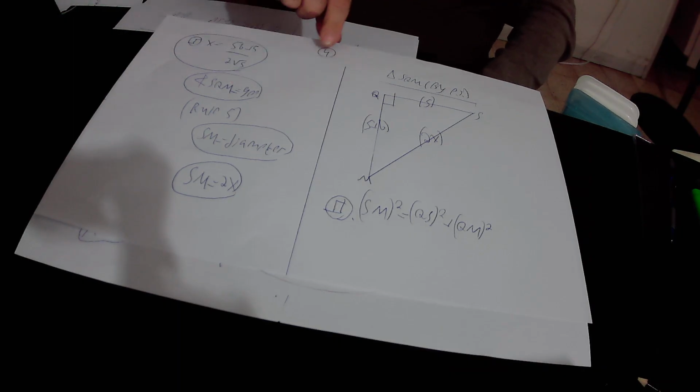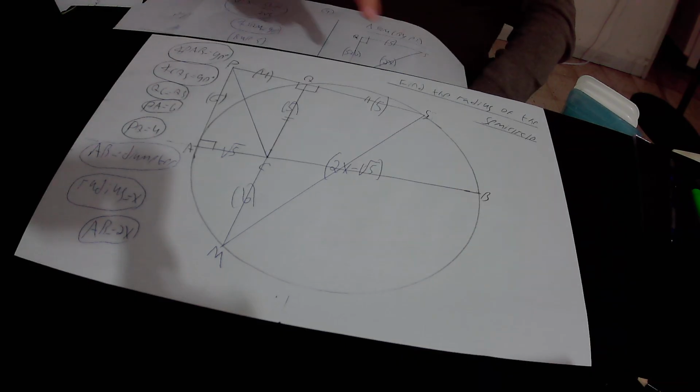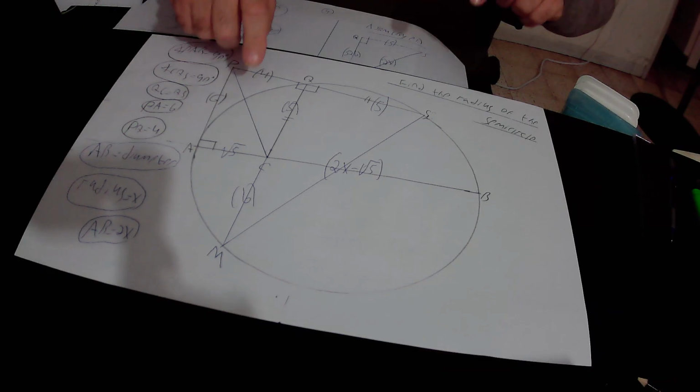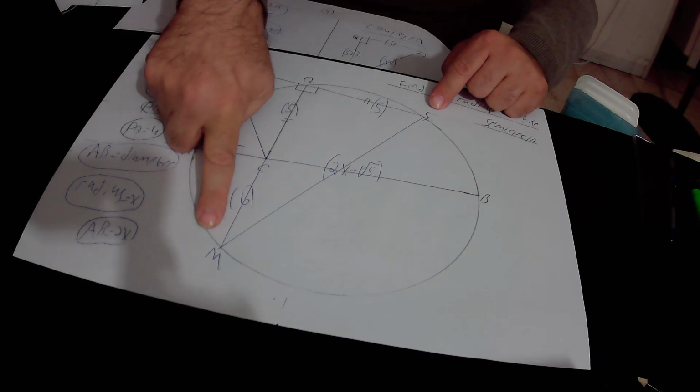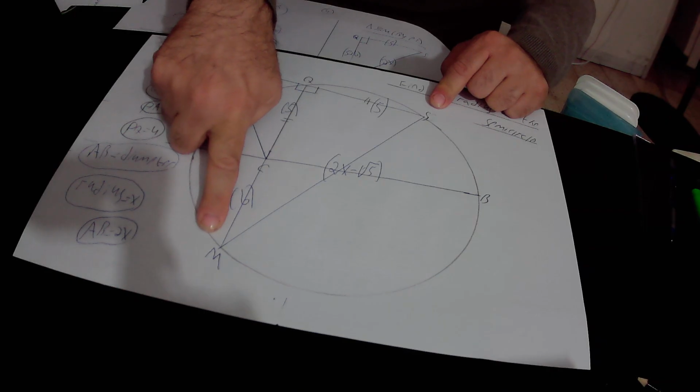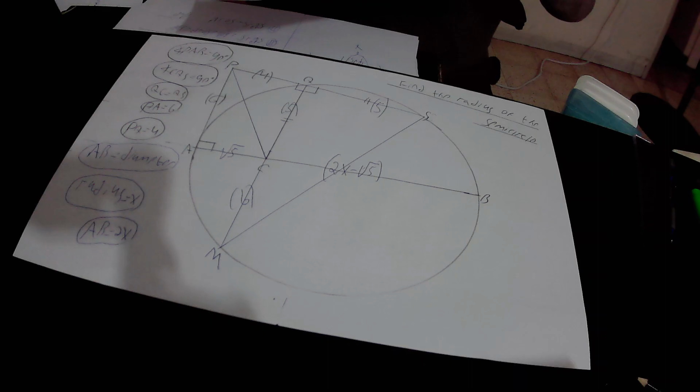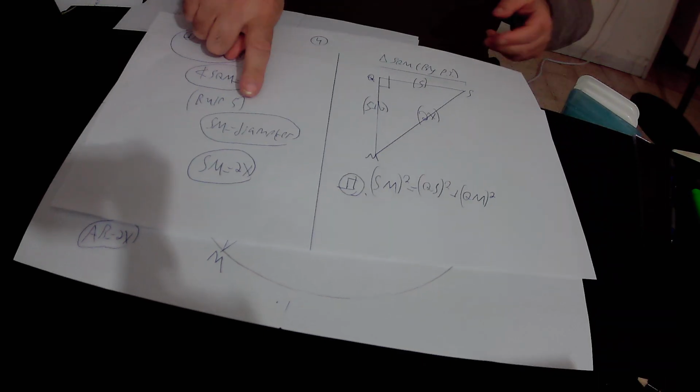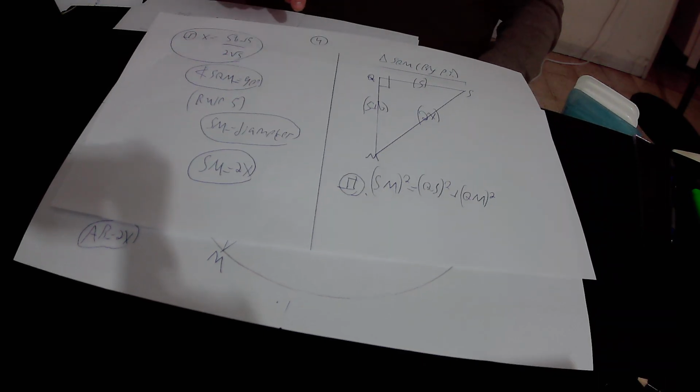Therefore, according to rule number 5, this peripheral angle SQM must rest on the diameter of the circle. From the drawing, it is very easy to see that peripheral angle SQM rests on chord SM, and therefore, according to rule number 5, chord SM must be the diameter of the circle. Okay, so we can write here that according to rule number 5, SM must be the diameter of the circle.